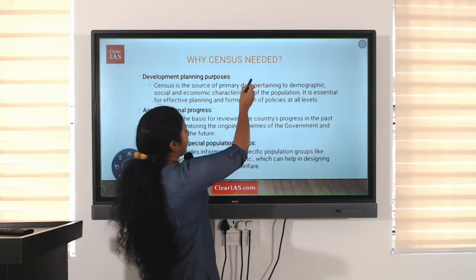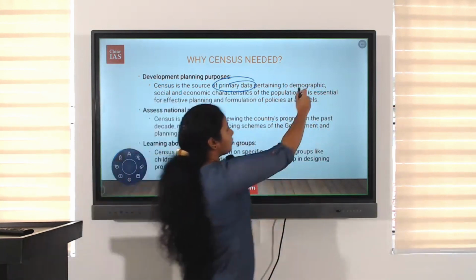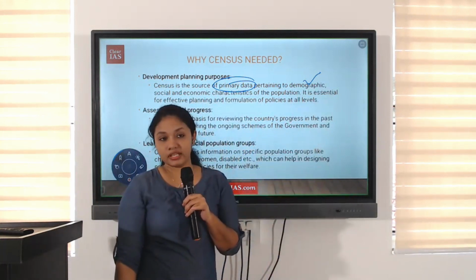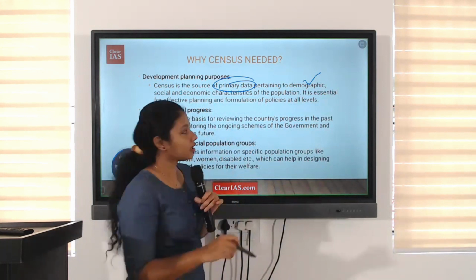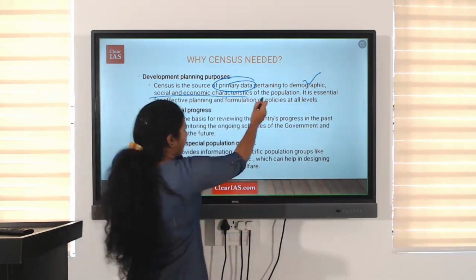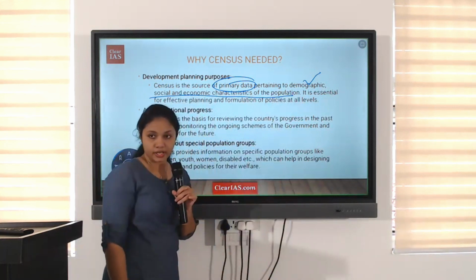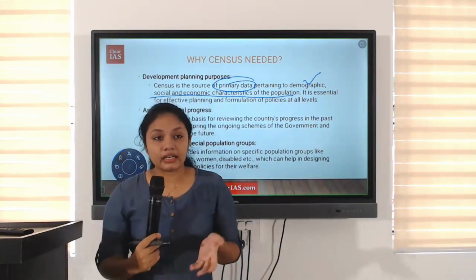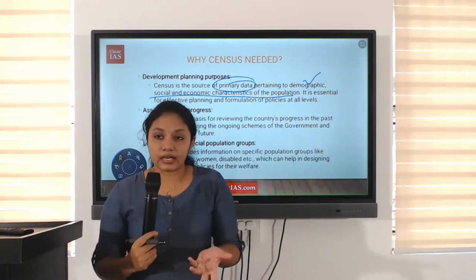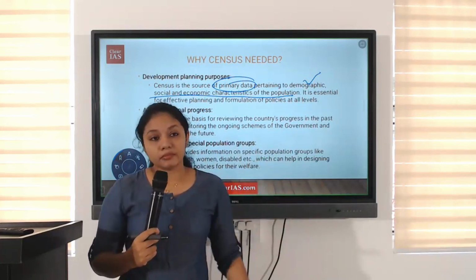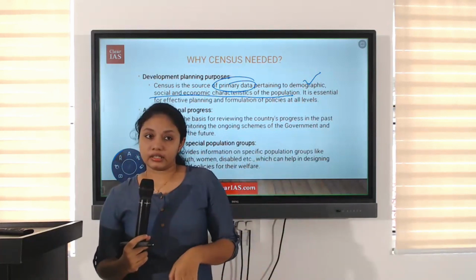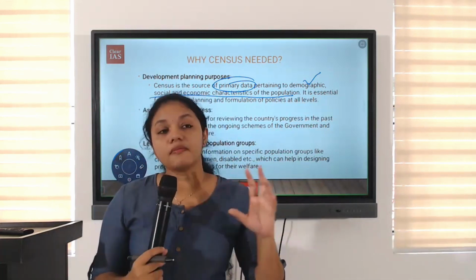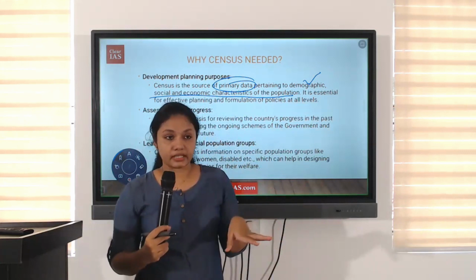Census is the source of primary data pertaining to demography. Demography means the population distribution of an area, and the social and economic characteristics of the population. Okay. How they are socially developed. If an area contains more scheduled castes, they need a separate planning procedure unlike the rest of the country, right? If an area contains more scheduled tribes, tribals always have a different type of society, right?